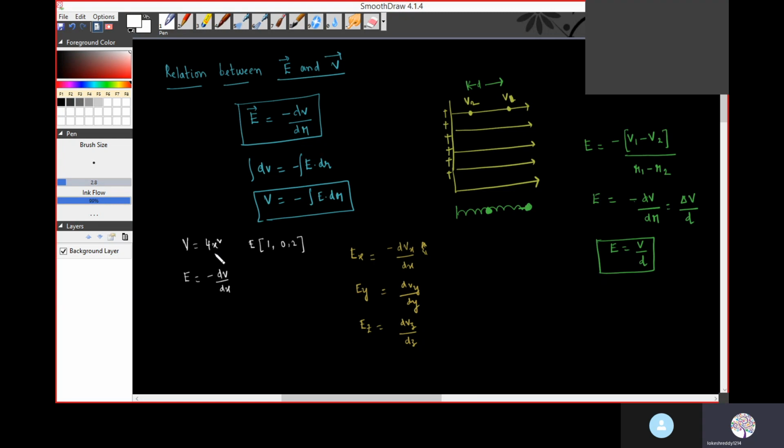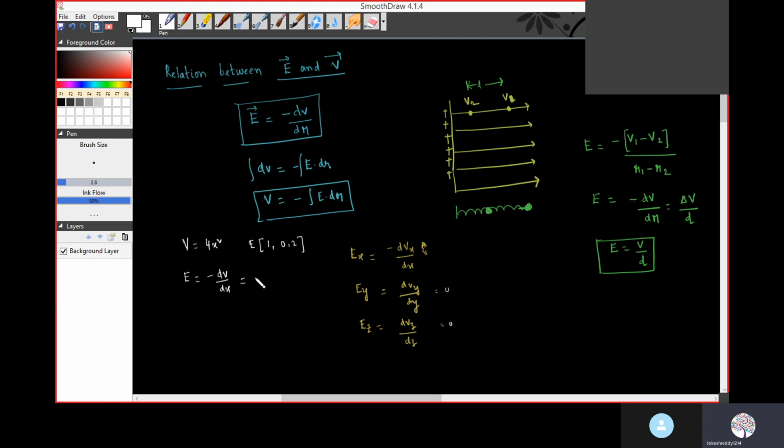Now here I am not writing dy and dz because only the x variable is there. If I write, this term will become 0 and this term also will become 0, because there is no y term and z term. If y term and z term are there, then I would have written Ex, Ey and Ez also.